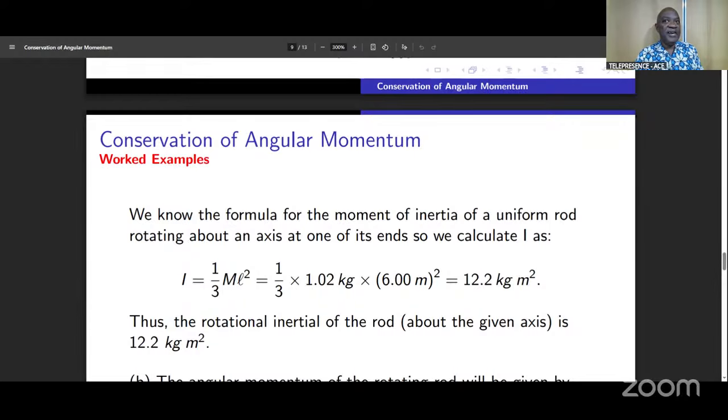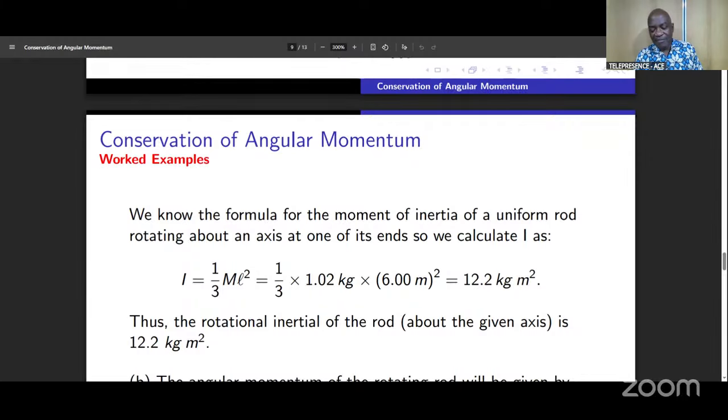Again, the moment of inertia will in general depend on the shape of your body. So for this rod, the moment of inertia is 1 over 3 times m times L squared. In general, for simple objects, it will always be proportional to the product of the mass and the length squared, okay?